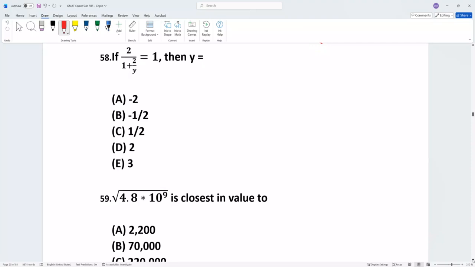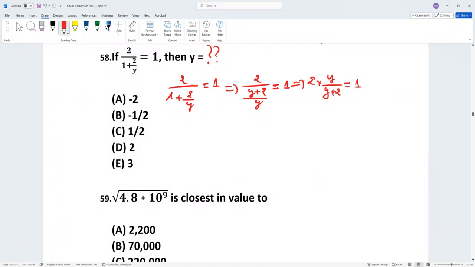This question says, if 2 over 1 plus 2 over y is equal to 1, then what is the value of y? So y is what we are looking for. So now this will be 2 over y plus 2 over y being equal to 1. This will be 2 plus 2 being equal to 1.